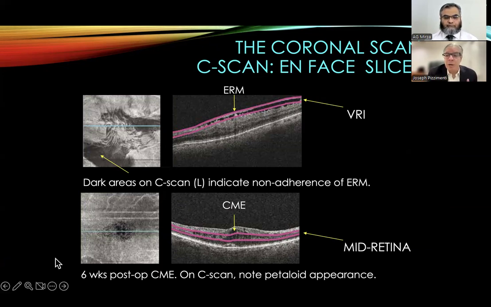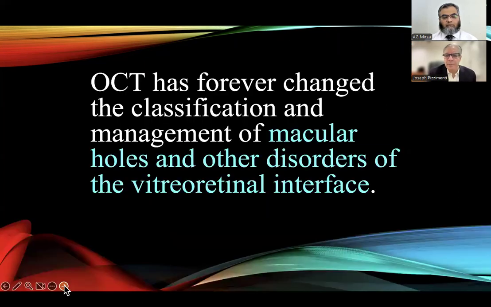And so, yes, we are doing more and more OCTs and OCT angiography, and we are doing less and less true angiography with fluorescein and indocyanine green. But there are still some advantages to traditional angiography that I will talk about a little bit later.